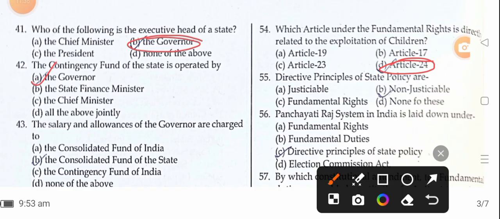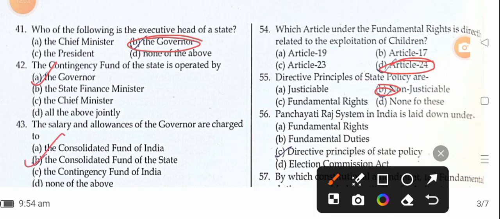The Directive Principles of State Policy have been taken from the constitution of Ireland, and the Directive Principles of State Policy are non-justiciable. Option B is the right one. The salary and allowances of the governor are charged to the consolidated fund of the state.